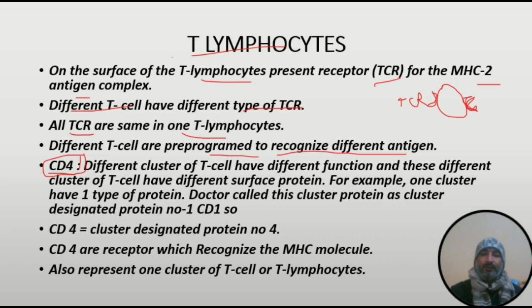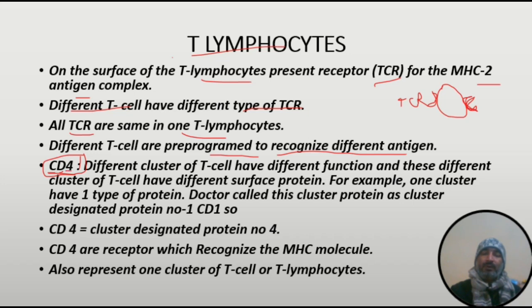So different T cell clusters have different CD receptors, meaning cluster designated receptors. For example, T helper cells have a CD4 receptor, and T cytotoxic cells have a CD8 receptor. CD means C for cluster, D for designated, and 4 means protein number 4.